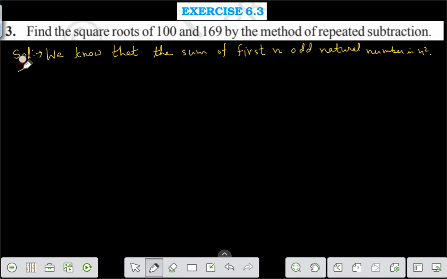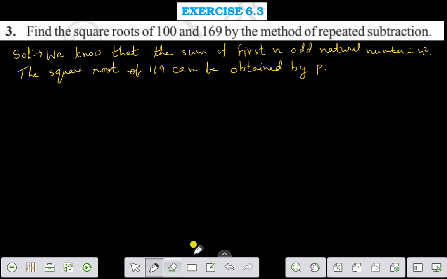The square root of 169 can be obtained by repeated subtraction as follows.